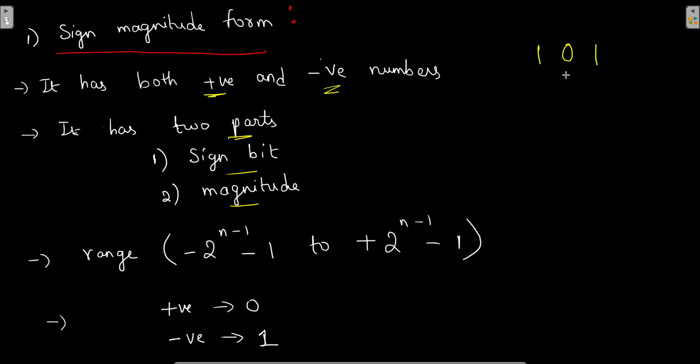But in signed binary, the first digit is considered the sign bit, and the remaining two bits are the magnitude.